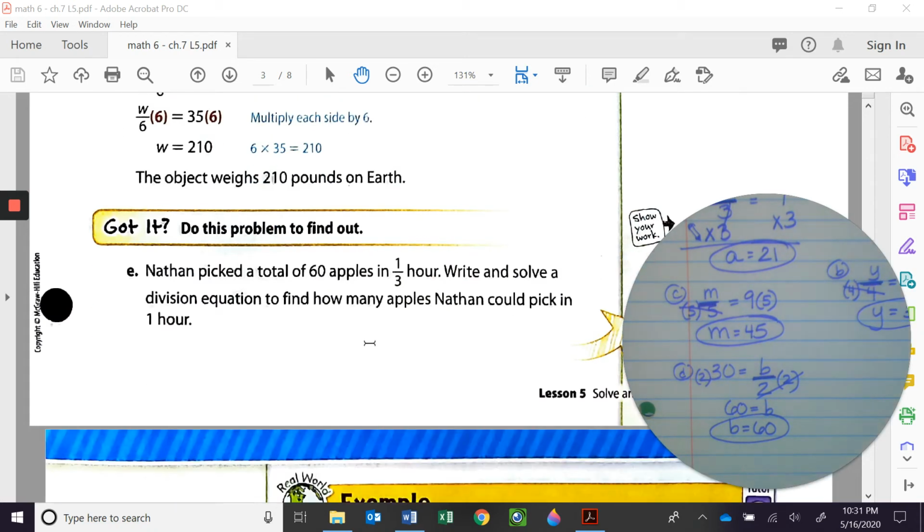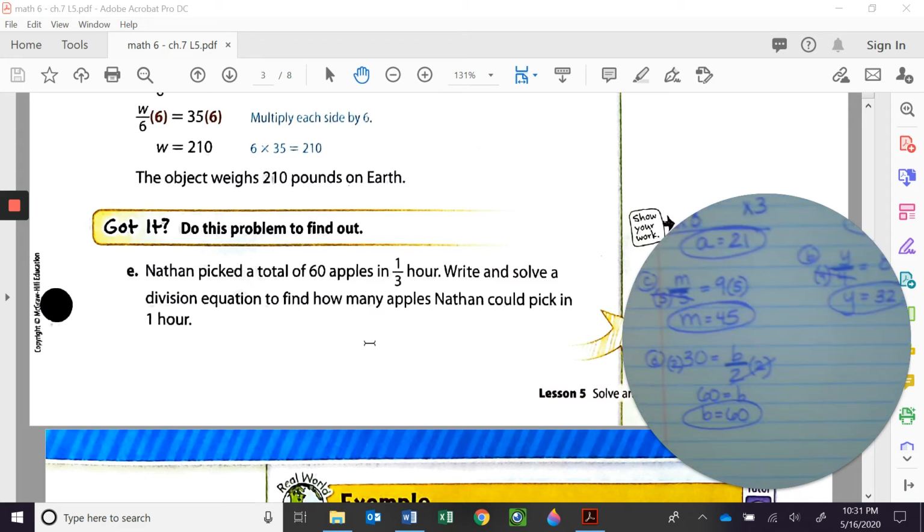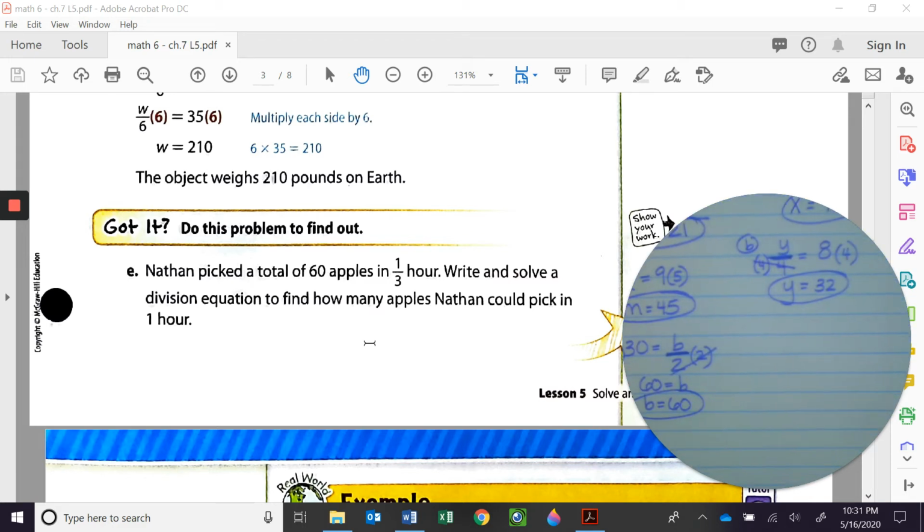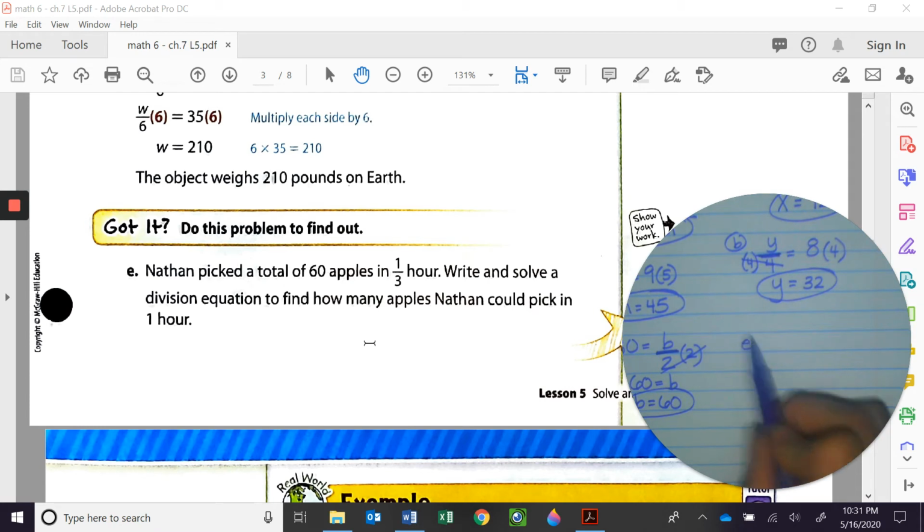Okay, so what happens if it's a word problem? So it says that Nathan picked a total of 60 apples in 1/3 hour. Write and solve a division equation to find out how many apples Nathan picked in 1 hour. So we know that he picked a total of 60 apples.